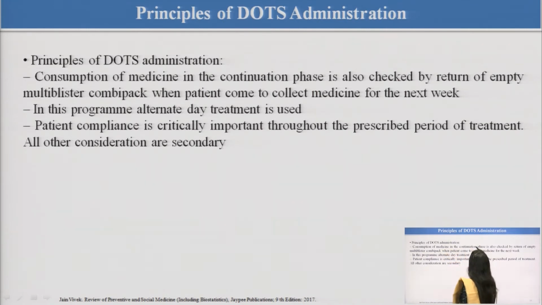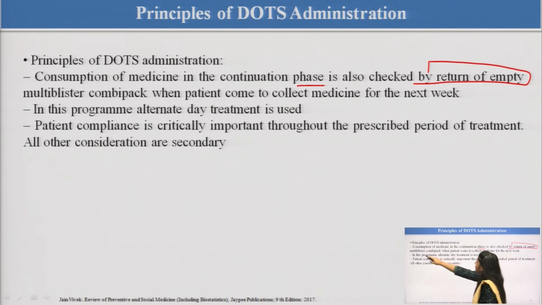Consumption of medicine in the continuation phase is also checked by the return of the empty multi-blister combi pack. How will we check? We will check whether the multi-blister combi packs are empty or not. On that basis we will dispense the medication for the next 1 week.